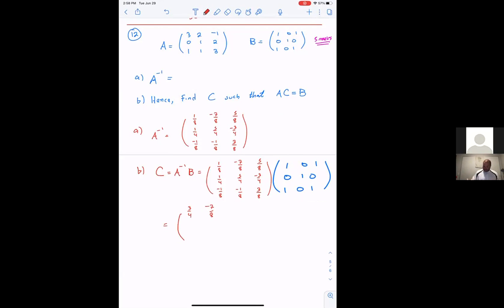And then 1/8 plus 5/8 again is 3/4. So a lot of copies there. Next one, 1/4 minus 3/4 is -2/4, -1/2, 5/4, -1/2 again. And then -1/8 plus 3/8 is 2/8, which is 1/4, -1/8, and then 1/4 again. So a lot of nice simplification based upon the B matrix.